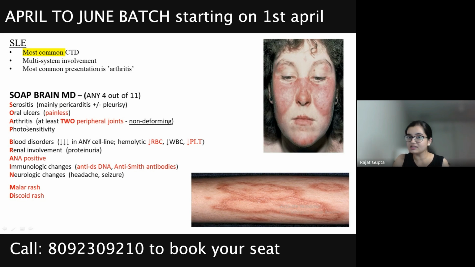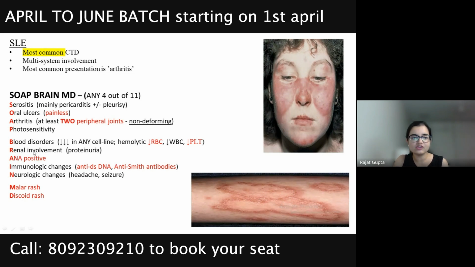Arthritis in SLE is not deforming, okay? Photosensitivity. Then blood disorders, we can see that there can be a decrease in the cell count in any of the cell lines. So it can be anemia, thrombocytopenia, or leukopenia. Now, renal involvement, we'll see proteinuria.